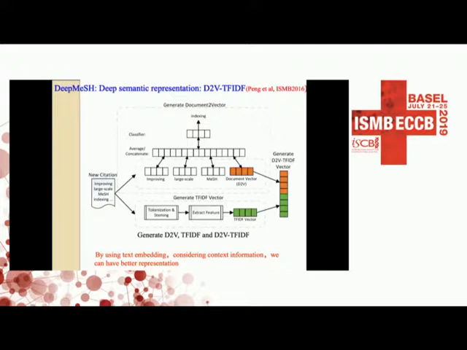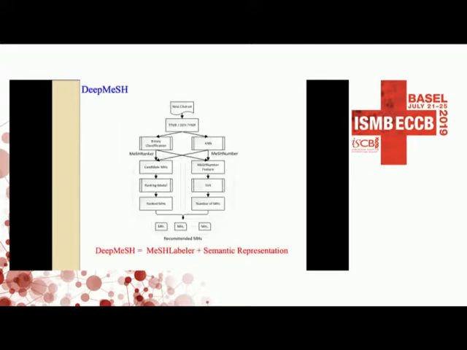Then for each citation, we can combine both the sparse representation and the deep representation to get a new representation, and then improve the performance. So in this case, DeepMeSH is a kind of combination of MeSH labels and semantic representation.